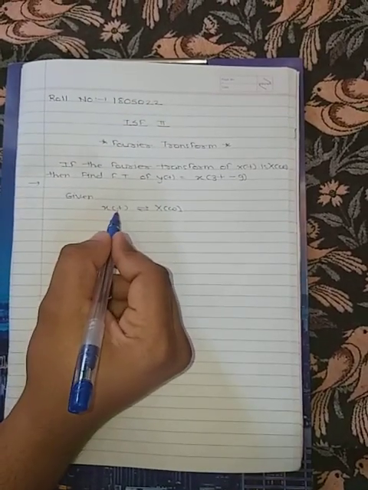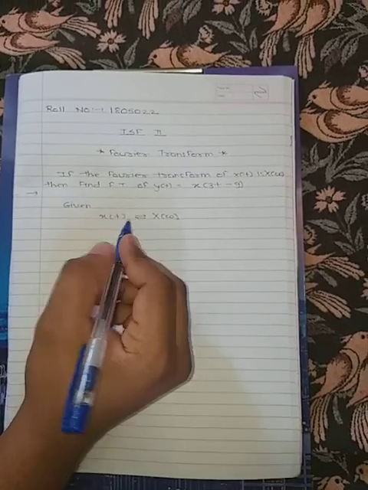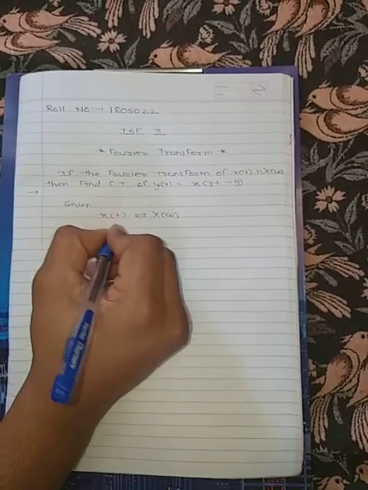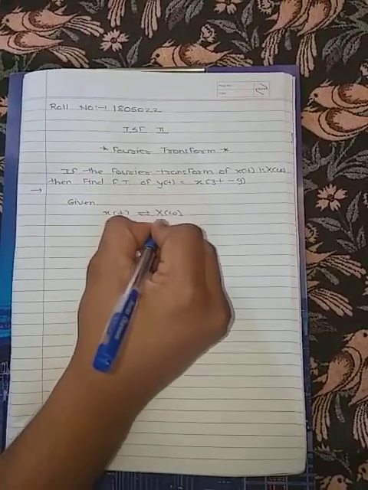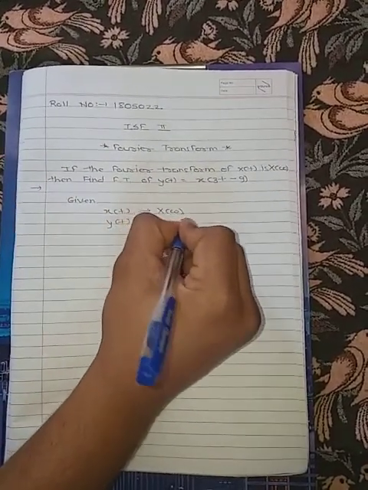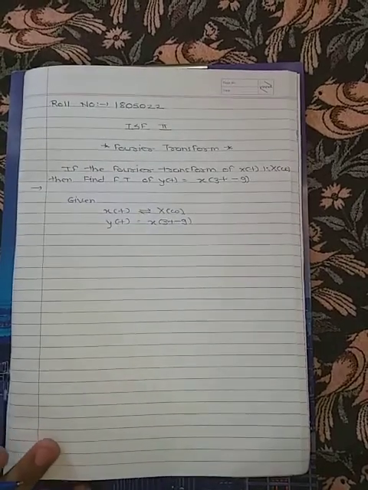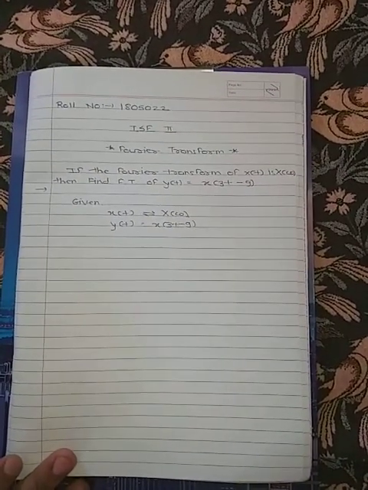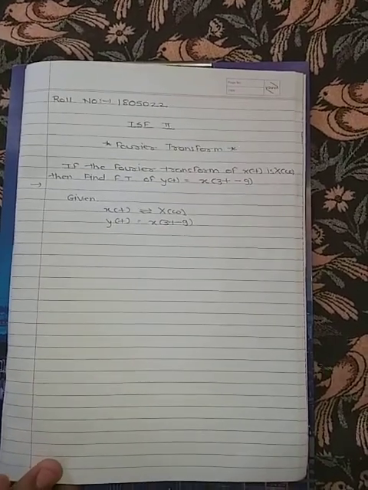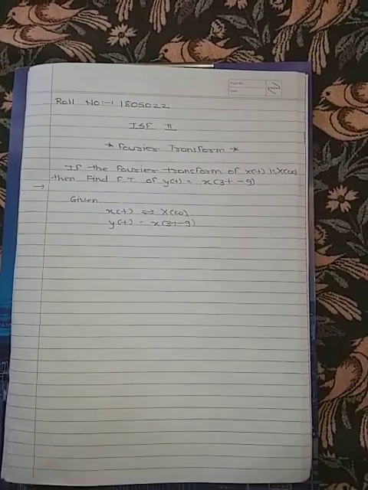The t represents time domain, and another given thing is y of t equals x of 3t minus 9. So we clearly know that y of t is in terms of x of t, and we need to find the Fourier transform of y of t in terms of X of omega.